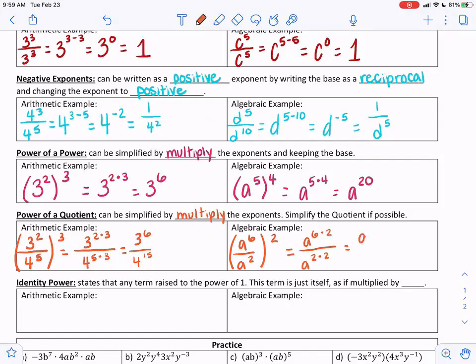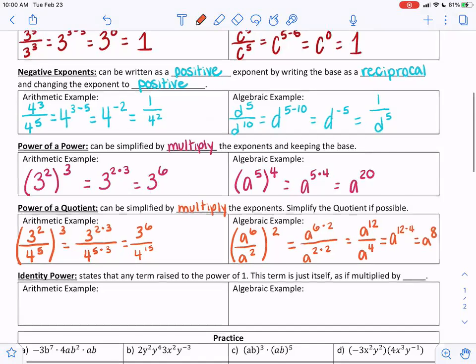So I'd get a to the 12th over a to the 4th. In this case, I can simplify because those have the same bases. In the problem before, we had 3 and 4 as our bases. Those were not the same. The a's are the same in this case. So we could simplify this by doing a to the 12th minus the 4th, which would give me a to the 8th as my final answer. So keep working it until you can't simplify any further.